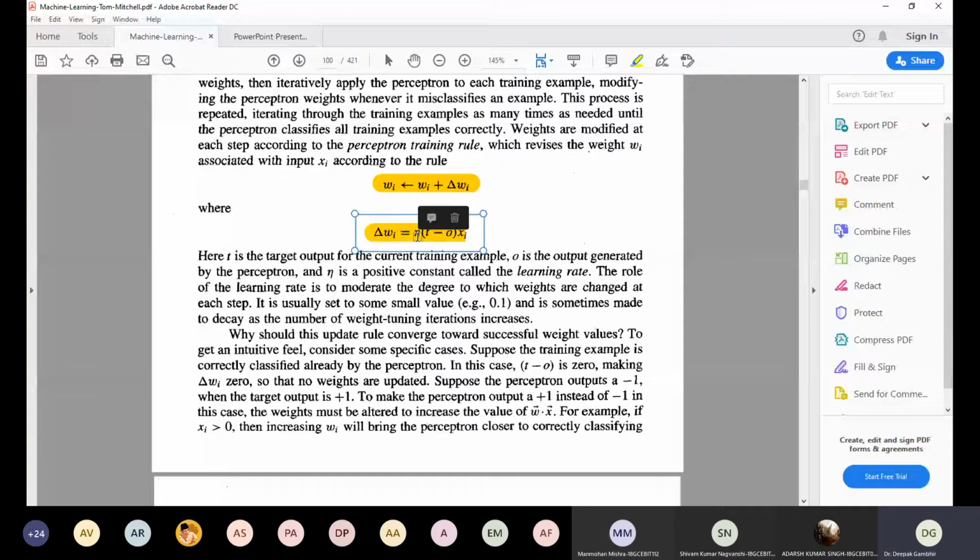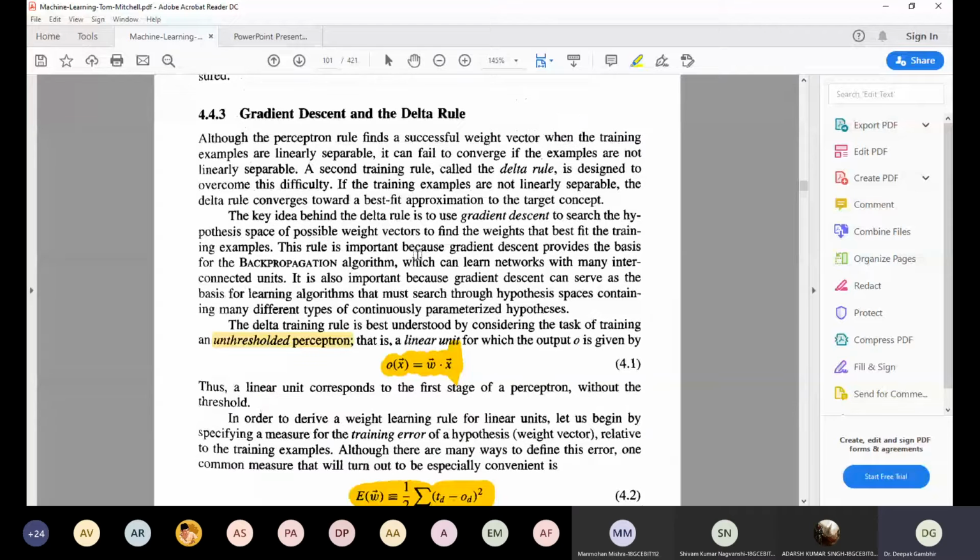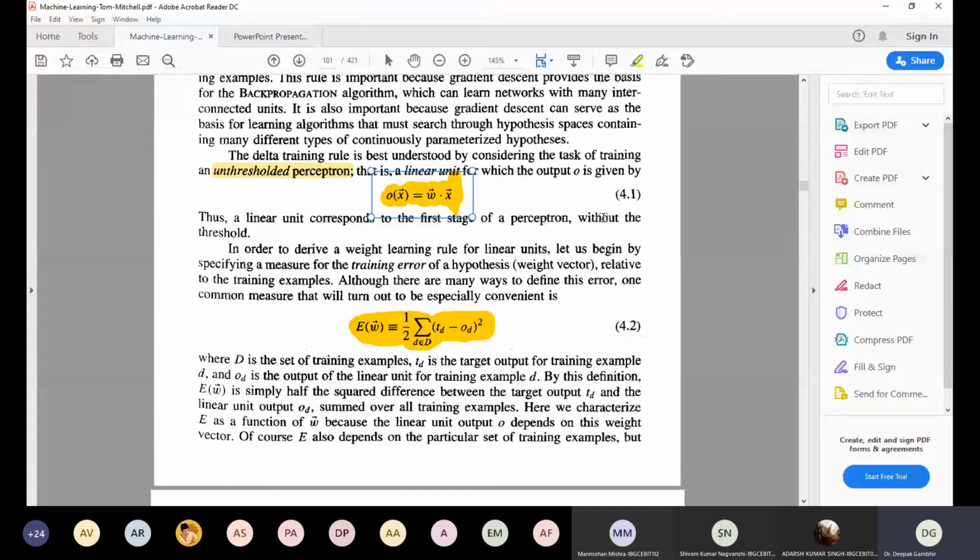Using this, we also looked at the delta rule, the second kind of training rule, which is used in the case of gradient descent. The output is given as the vector w multiplied by the vector x, which results in the summation w1 x1 plus w2 x2 and so on up to wn xn, as we have seen previously.